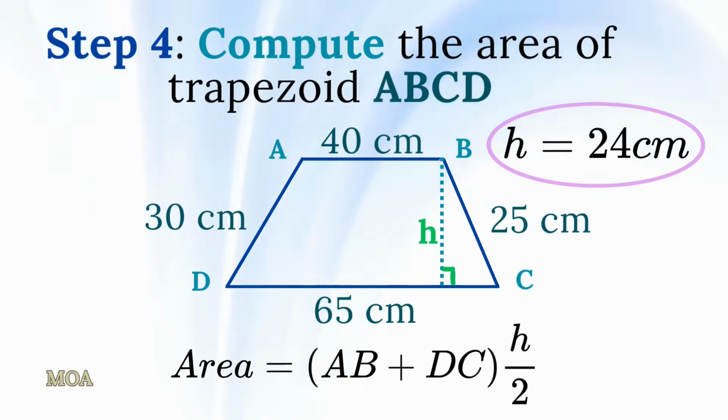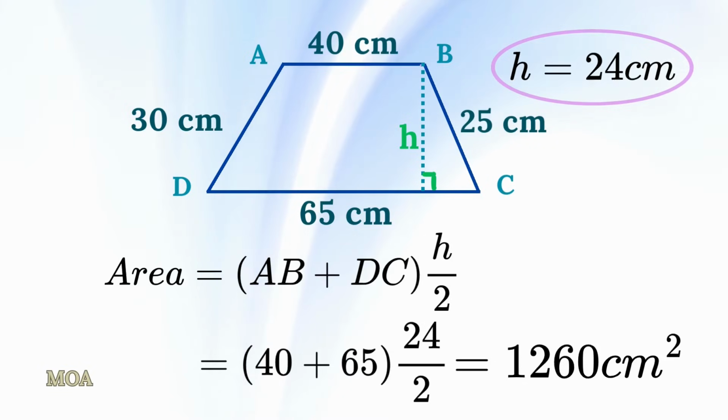In this final step, let us compute the area of trapezoid ABCD. The area of a trapezoid is given by the sum of the two bases, AB plus DC, multiplied by the height h, all divided by 2. We know AB is 40 centimeters, DC is 65 centimeters, and the height h is 24 centimeters.